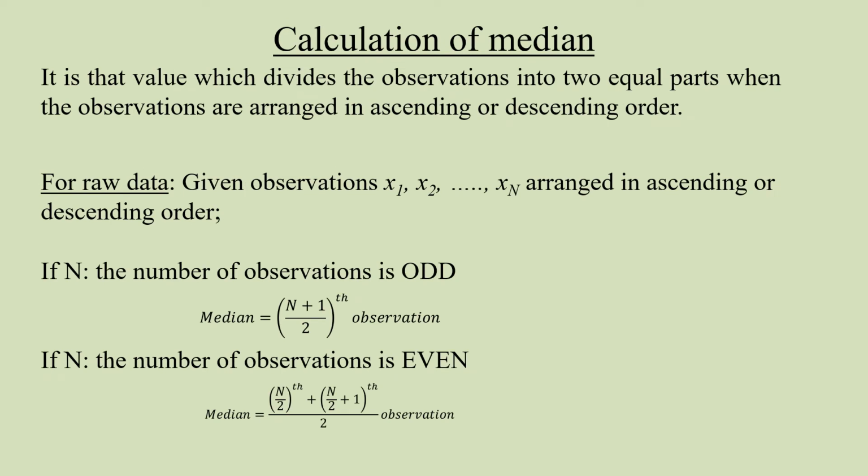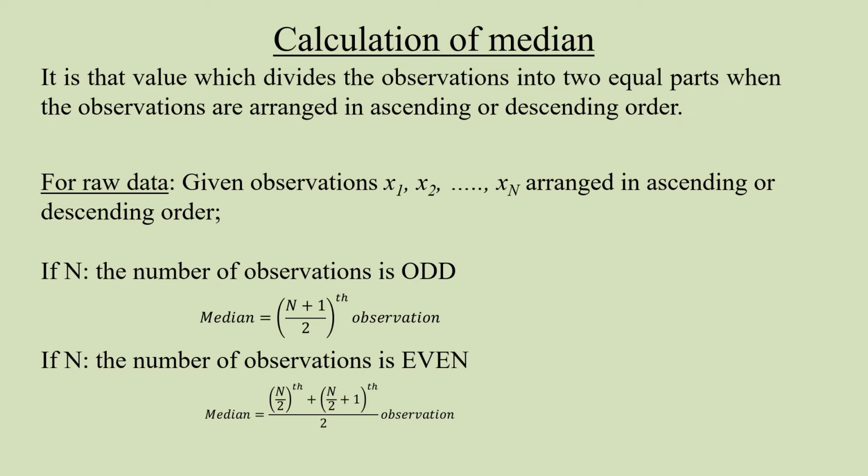For the calculation of median, median is the value which divides the data into two equal parts when the observations are arranged either in ascending or descending order. Now for raw data, when we have n observations x1, x2 up to capital N arranged in ascending or descending order, median is calculated differently for odd observations as well as even number of observations.